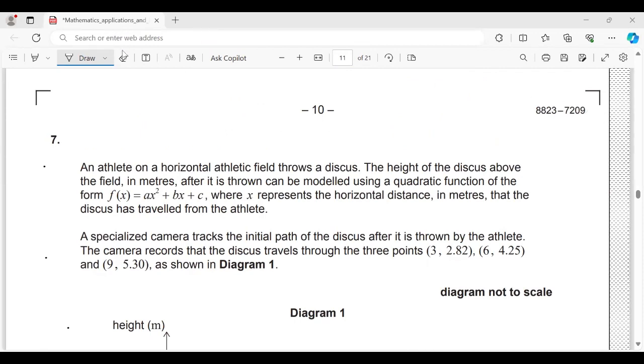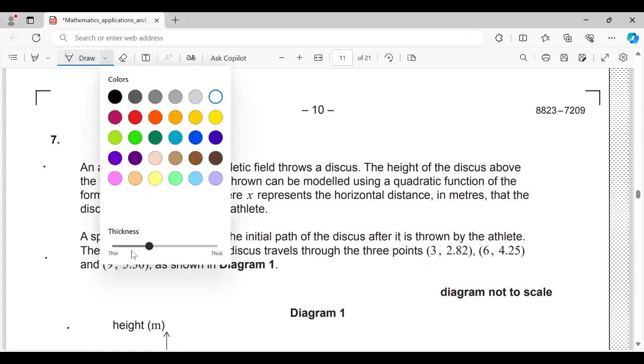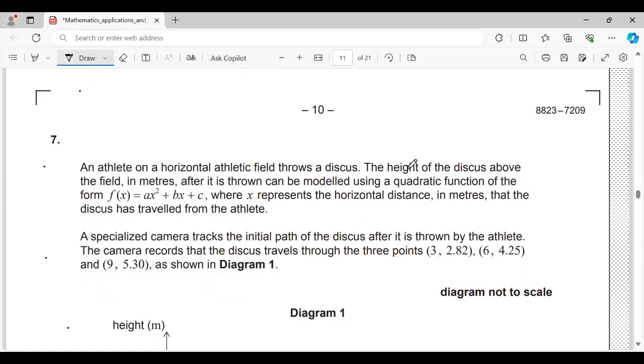An athlete on a horizontal athletic field throws a discus. I'm going to set this first. The height of the discus above the field in meters after it is thrown can be modeled using a quadratic function of the form f(x) equals ax squared plus bx plus c, where x represents the horizontal distance in meters that the discus has traveled from the athlete.